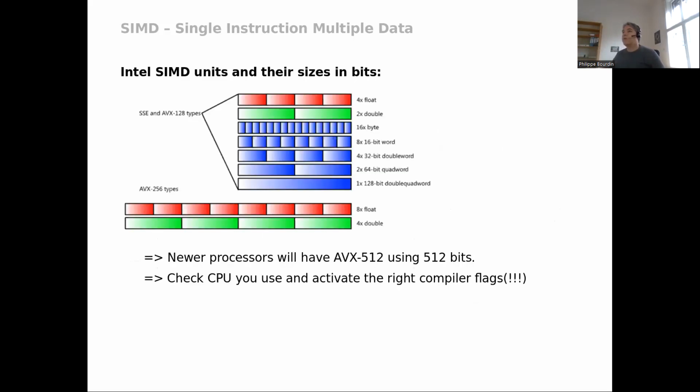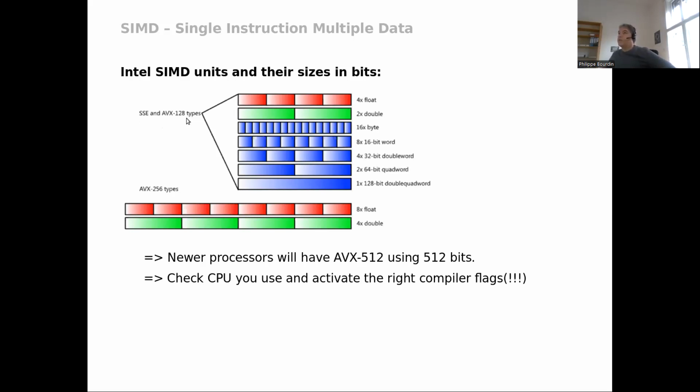Okay. So here's an example of the existing SIMD units, in this case for Intel CPUs. What we had in the past, up to maybe 5 years ago, was the SSE unit and the AVX 128 unit. These units were 128-bit wide.